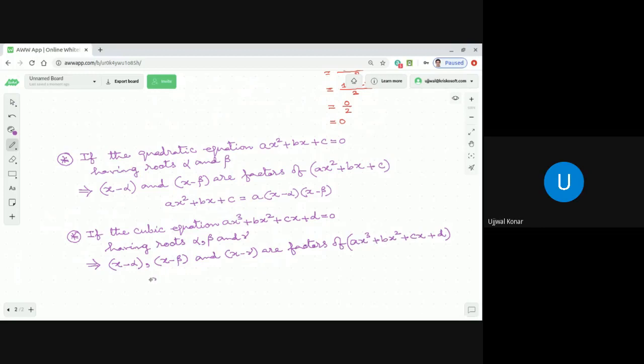In other form, ax cube plus bx square plus cx plus d equals a into x minus alpha into x minus beta into x minus gamma.